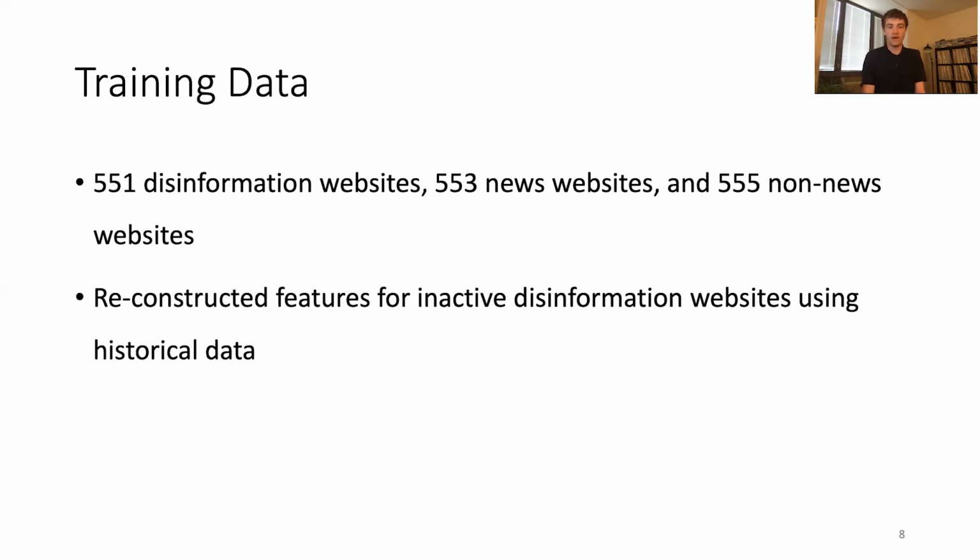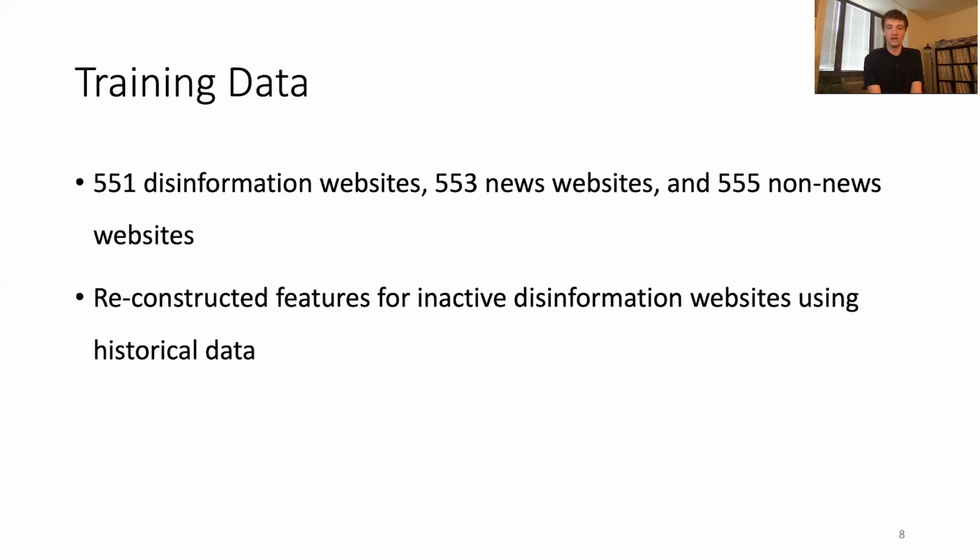So in order to evaluate our infrastructure features and their effectiveness in detecting disinformation websites, we created a training dataset of 551 disinformation websites, 553 news websites, and 555 non-news websites. We find that disinformation websites were sourced from fact checkers, academics, and news outlets, which we list in the full paper.